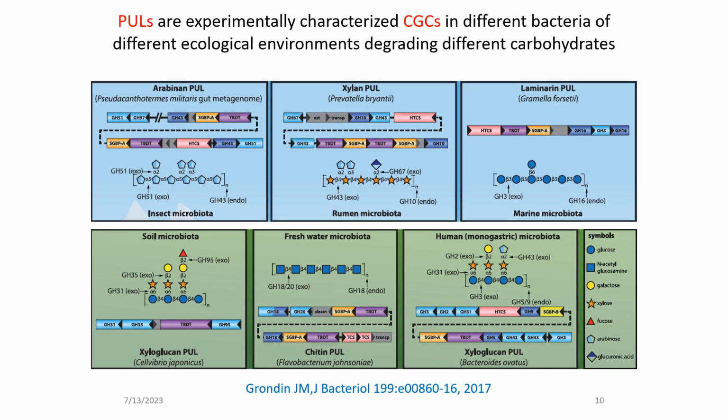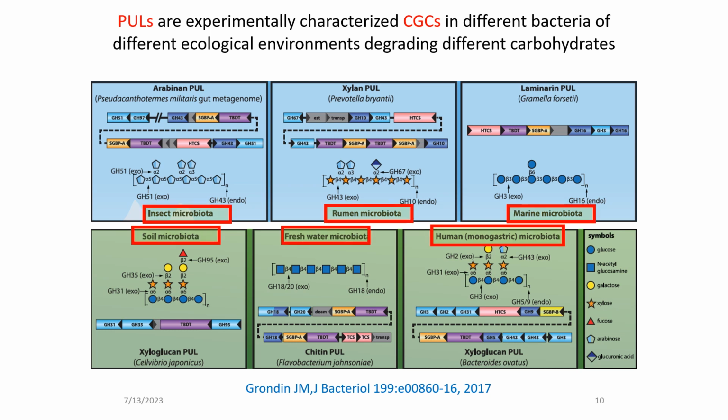So, really, PULs are experimentally characterized CAZyme gene clusters in different bacteria to fully degrade carbohydrates. The targeted carbohydrates are major components of plant, algae, and even fungi cell walls.